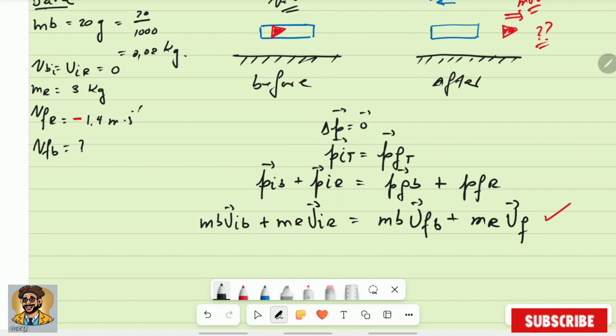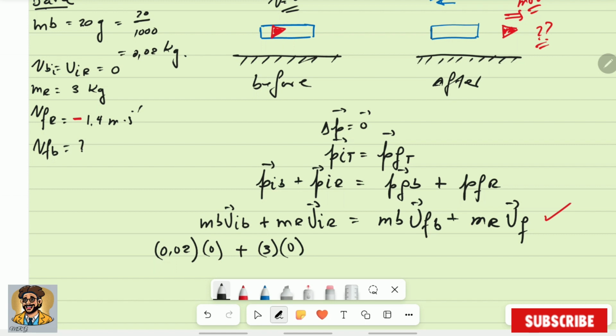So let's substitute everything here. The mass of the bullet is 0,02. The initial velocity of the bullet before the firing is 0. Plus the rifle is 3 kilograms. The initial velocity is 0, when it is inside the rifle.